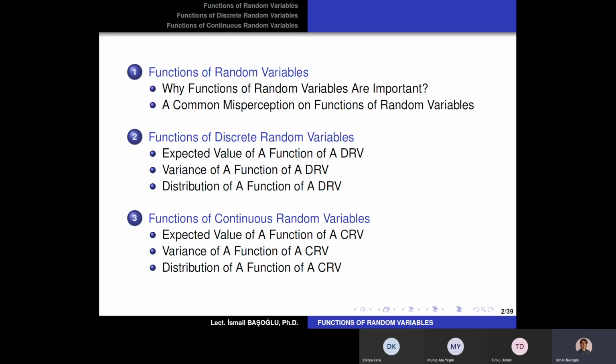So, for example, when you apply a linear transformation to a random variable, you remember from the normal distribution, if you apply a linear transformation to a normal random variable, you again get a normal random variable, right? So again, you get a random variable. So usually the functions of random variables are also random variables as well. So our objective today is to understand how we can study the distribution of a function of a random variable.